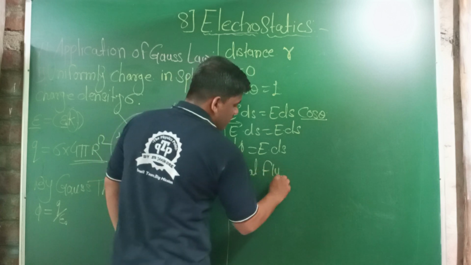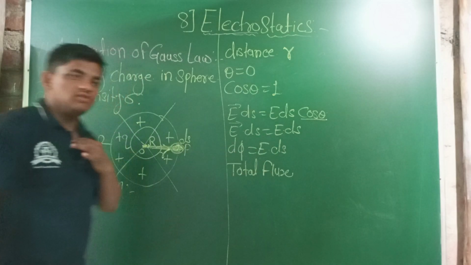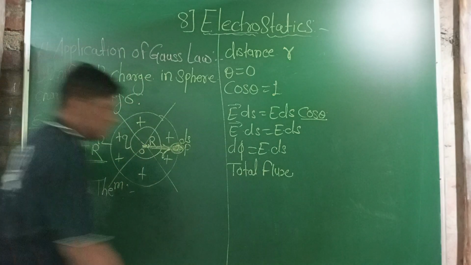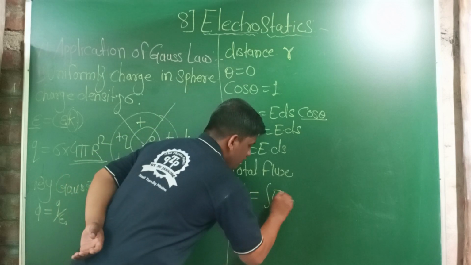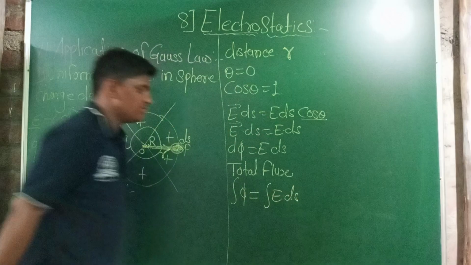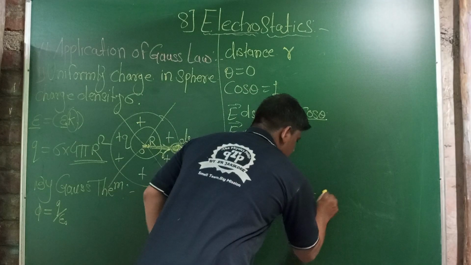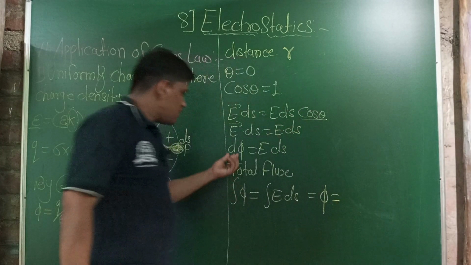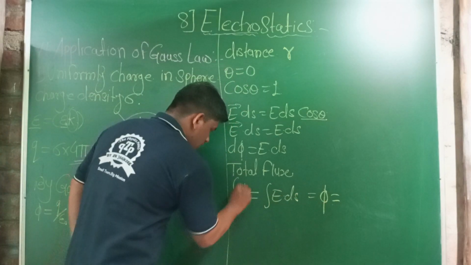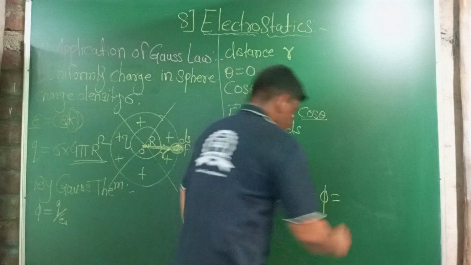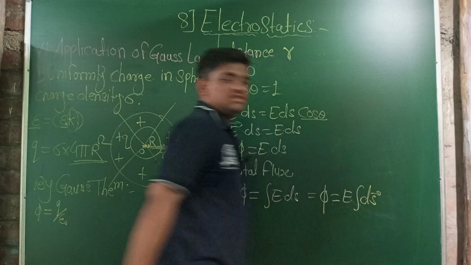Now we want to find the total electric flux. How will we find the total flux? We take the integration of both parts, LHS as well as RHS. Phi is equal to the integration of E dot dS. E is constant, so it is taken outside. The integration of d phi is equal to phi, and we take the electric field outside, then dS.